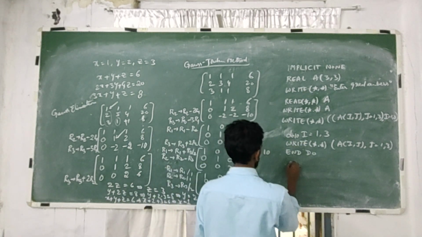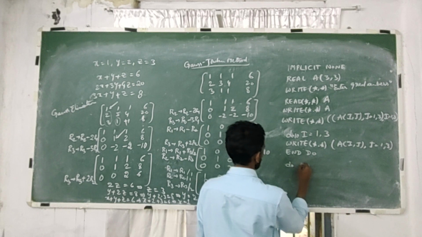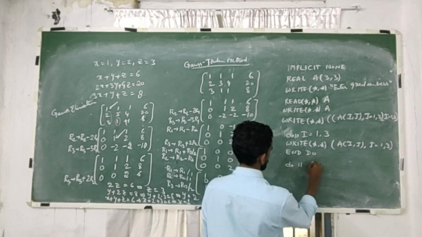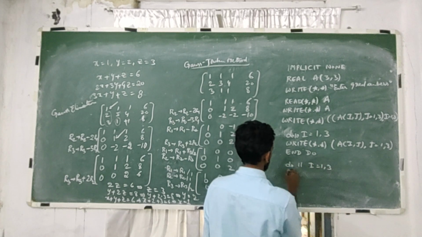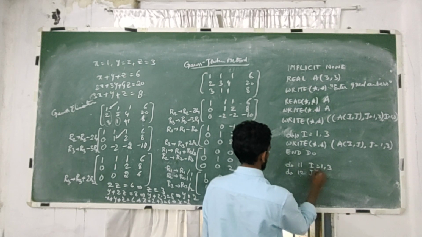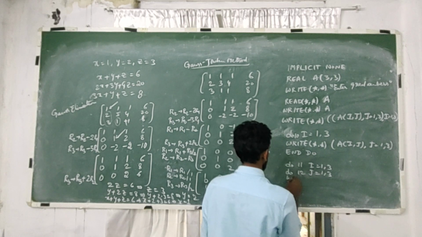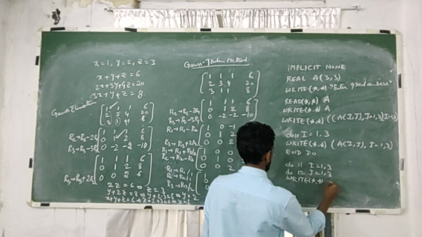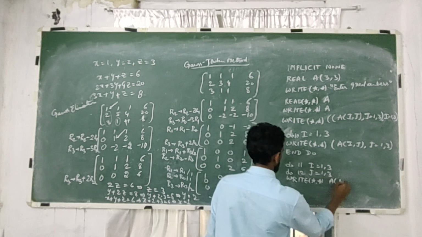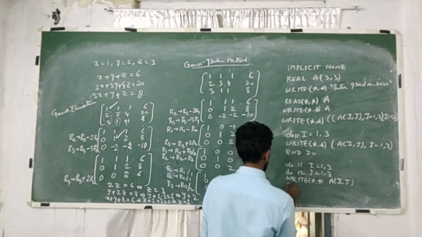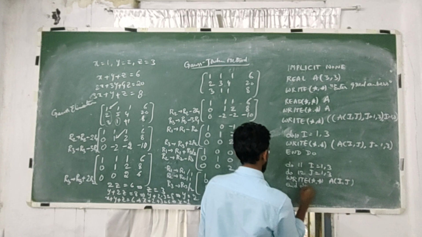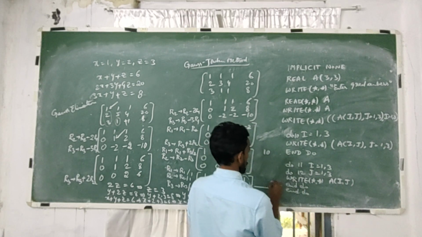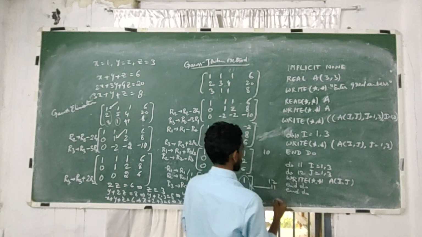Here the loop index 10 is already used, so 11. Closes here, and 11.